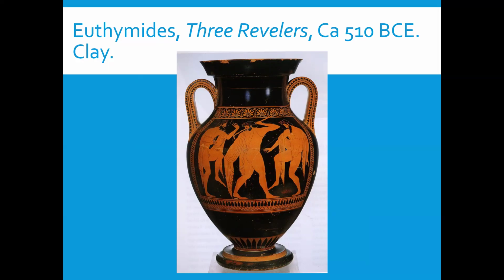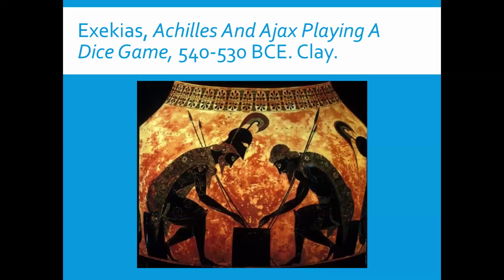So they're drunk, they're having fun, and it makes sense because it's holding wine. Whereas a lot of these vases would be awarded for athletes when you have these warriors on them.